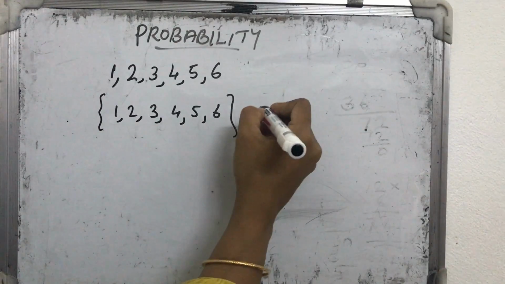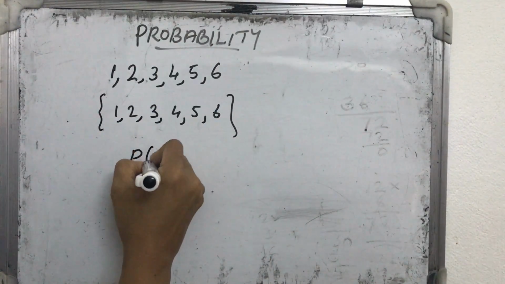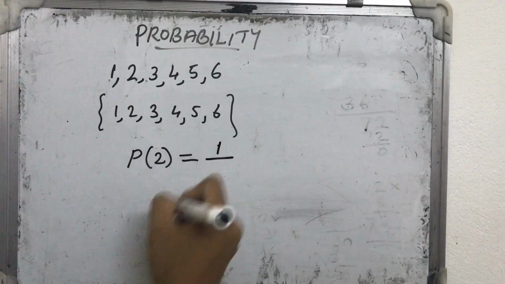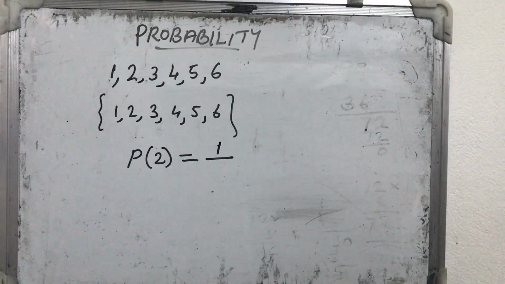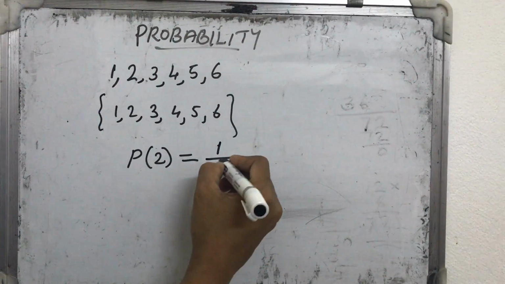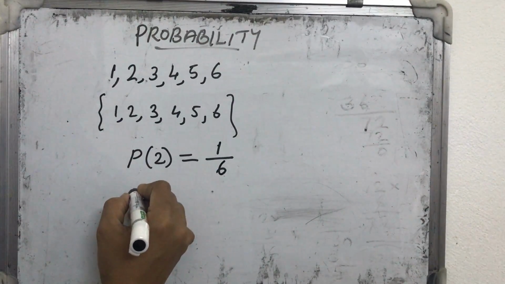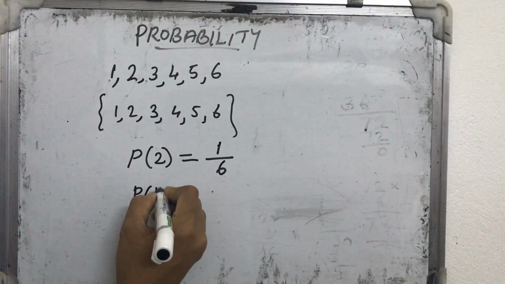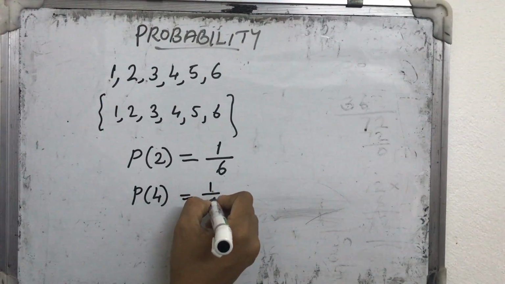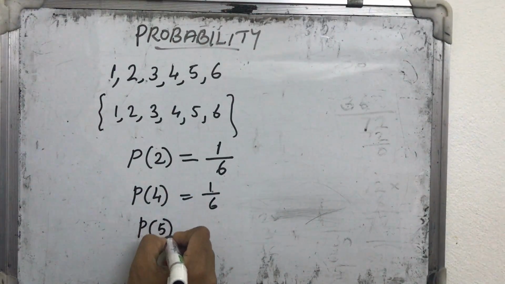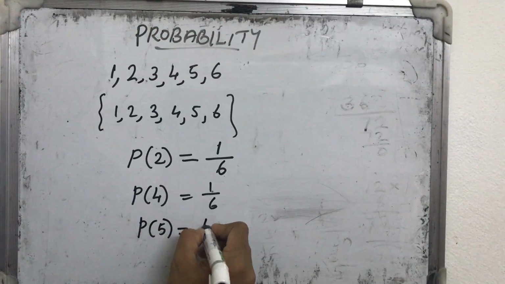So the numerator is 1, and the total number of outcomes is 6. So the probability of getting number 2 is 1 by 6. Just like that, the probability of getting 4 is also 1 by 6, and the probability of getting number 5 is also 1 by 6.